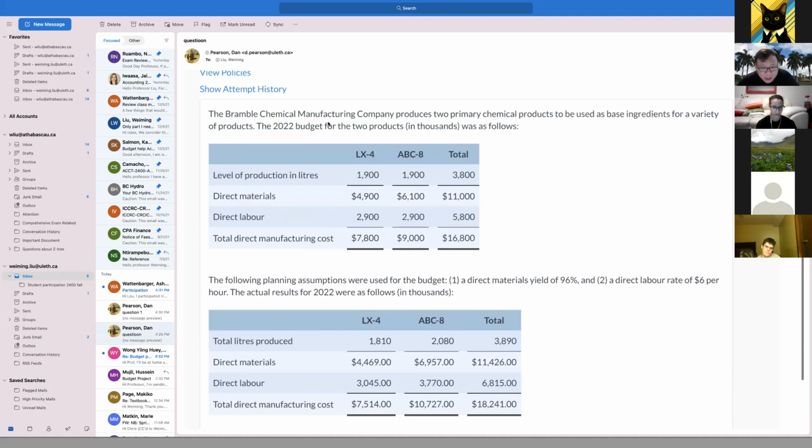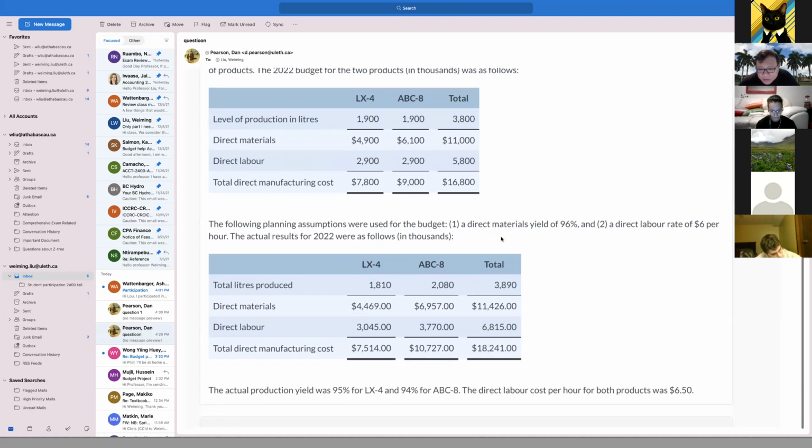Okay, let me read this carefully. There are two primary chemical products, with the level of production, labor, and the planning assumption for direct materials yield.